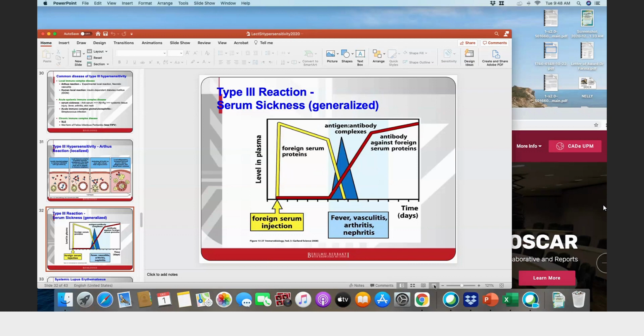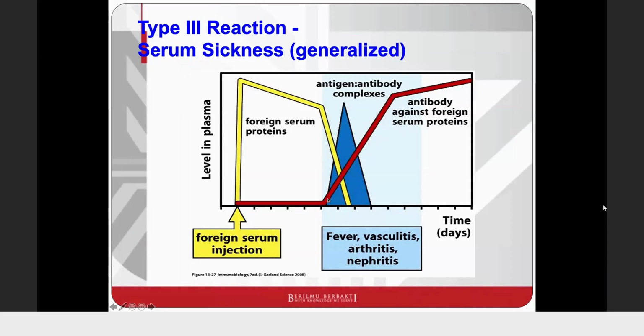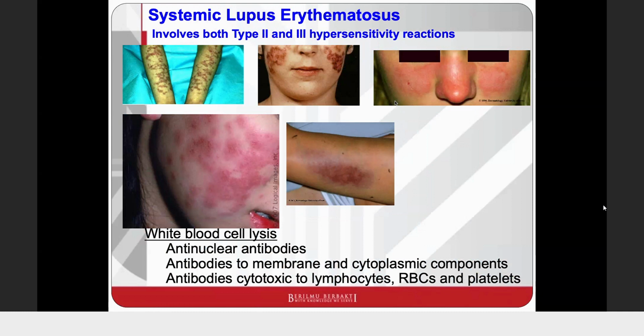When it starts to be produced in the early stage, you can see fever, vasculitis, arthritis, nephritis, because of the reaction against those serum proteins. But once the antibody is more, the reaction will be resolved because the antigen is no longer there. So that is what happens in serum sickness.